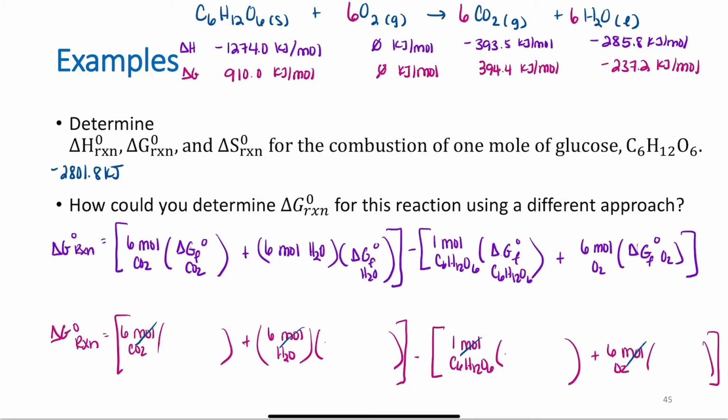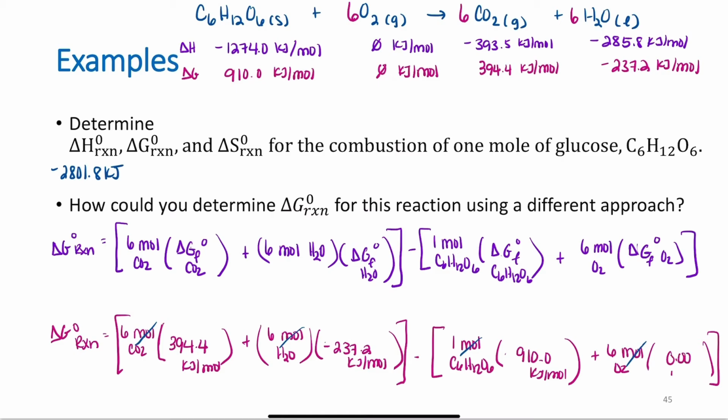Plug in all of our values. So 6 moles of CO2 times 394.4 kilojoules per mole. 6 moles of H2O times negative 237.2 kilojoules per mole. 1 mole of C6H12O6 times 910.0 kilojoules per mole.